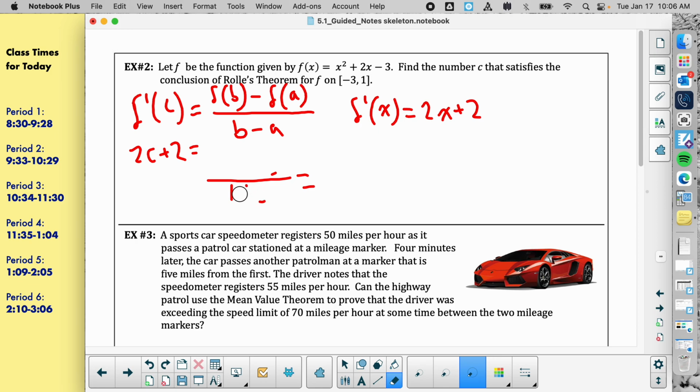No, he did it wrong. I know, but the old smart board just did what it was supposed to do. 9 minus 6 is 3, so 0. 9 minus 6 minus 3 is also 0. Then 1 minus negative 3.